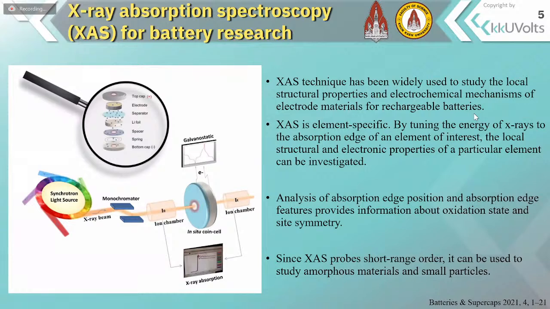Analysis of absorption edge position and absorption edge feature provide the information about oxidation state and site symmetry. Moreover, X-ray absorption spectroscopy can be used to study amorphous materials and small particles.